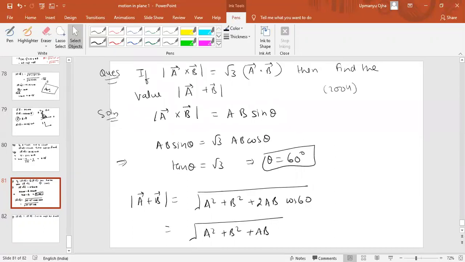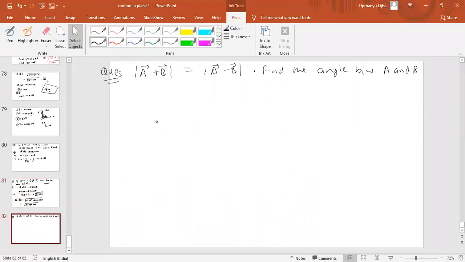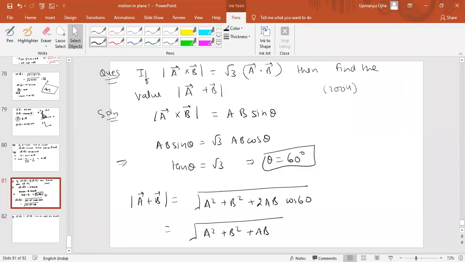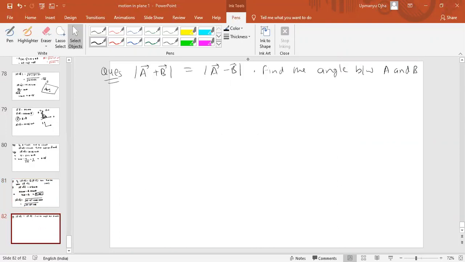90 degree. Okay. So we can solve now. What is mod of A plus B?